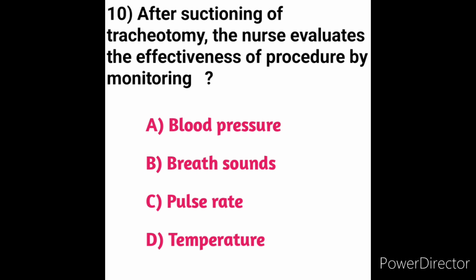If the patient undergoes hypoxia, bradycardia will automatically happen. The nurse should monitor vital signs before and after the procedure. First and foremost we have to check breath sounds. So after suctioning of a tracheostomy, the nurse evaluates the effectiveness of the procedure by monitoring breath sounds. So option B is the correct answer.